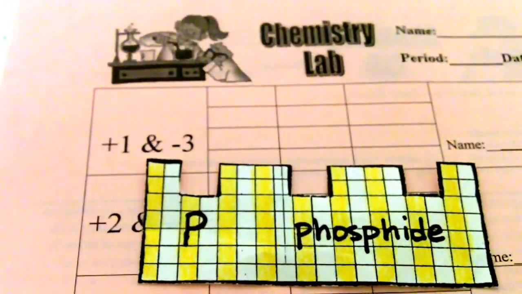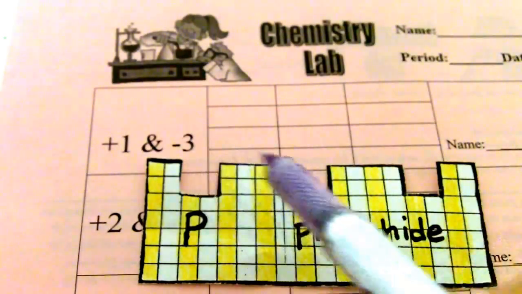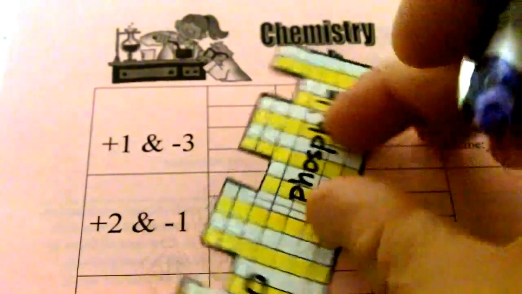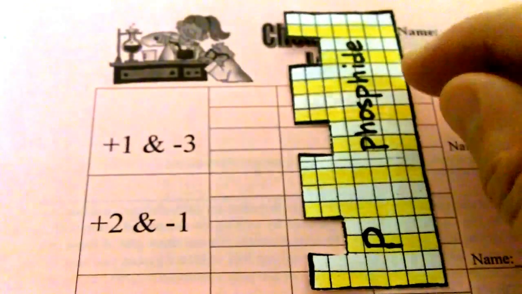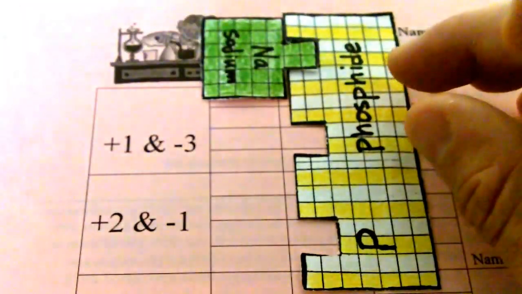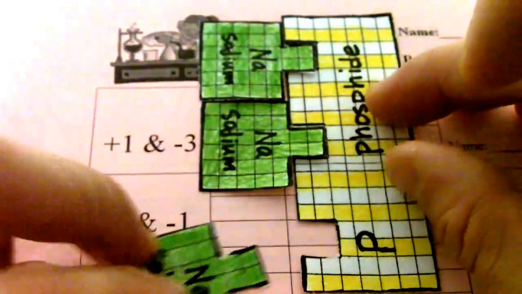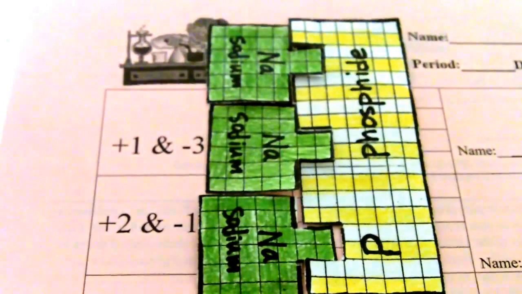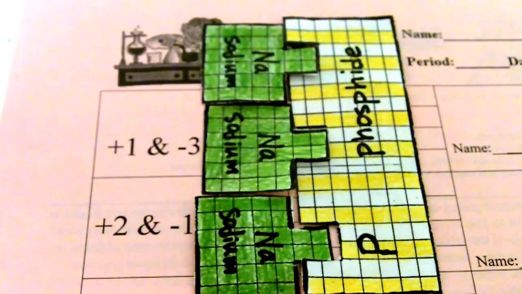Now this one has 3 spots where there's a -1 each, right there, and right there. And each of those 3 spots equally attracts a +1 cation, since we're doing the +1 -1 combination. So we have that. So we can see that 3 sodium ions are required to meet up with that phosphide ion.